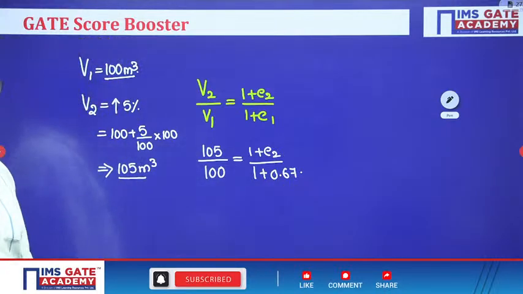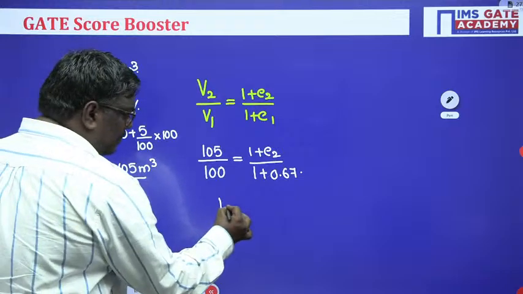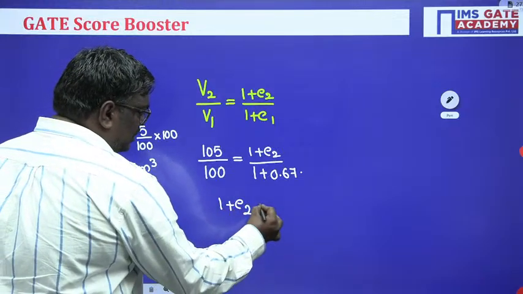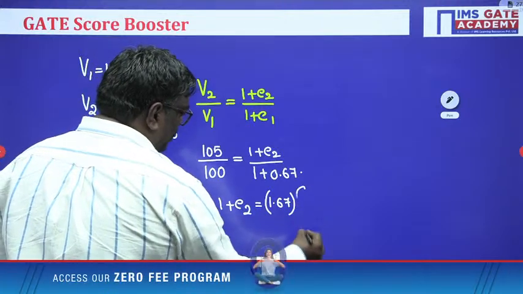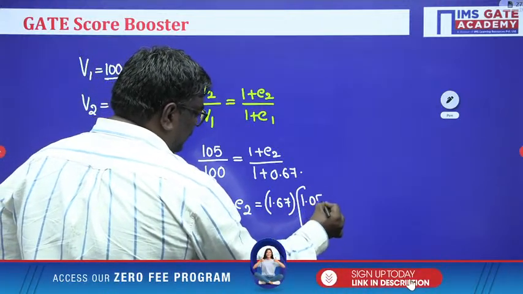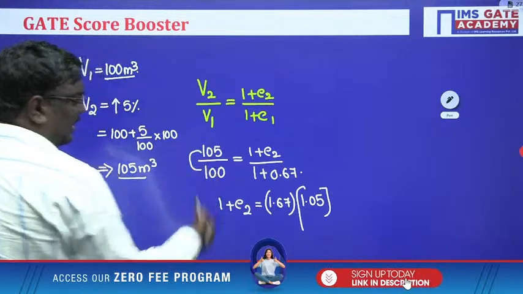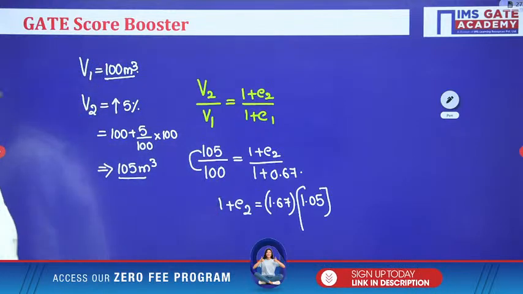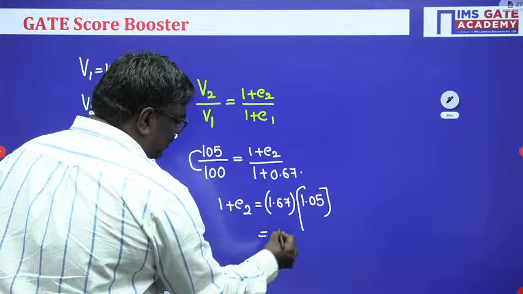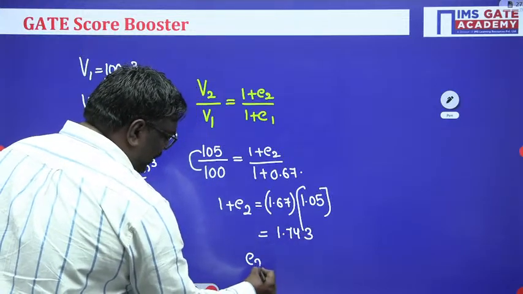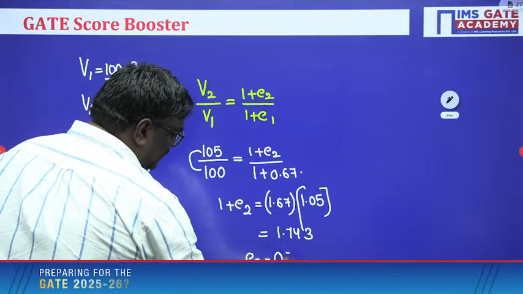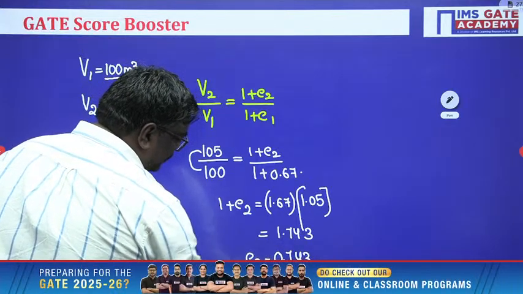So my dear students, you can write here 1 plus E2 is equal to 1.67 into 1.05, because 105 by 100, I can write it as 1.05. If you solve this, you will get 1.743. So what will be the E2 value, sir? E2 is equal to 0.743.